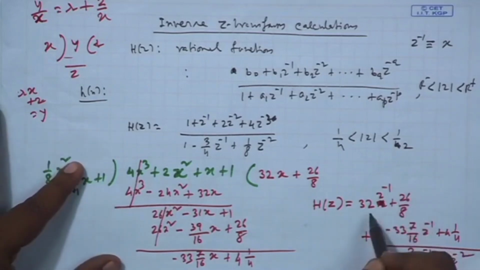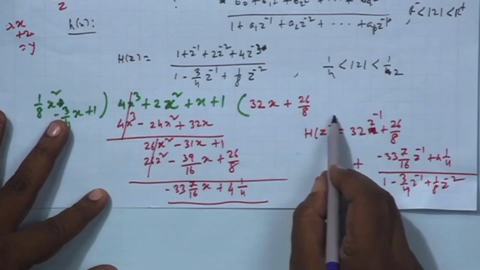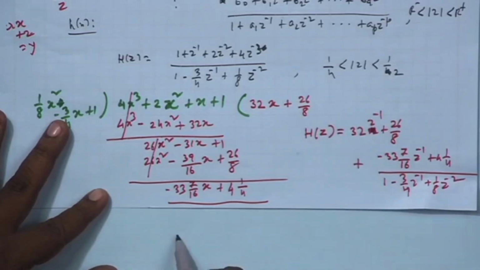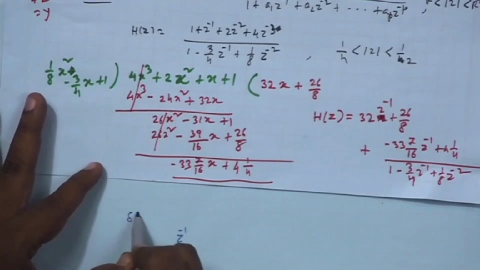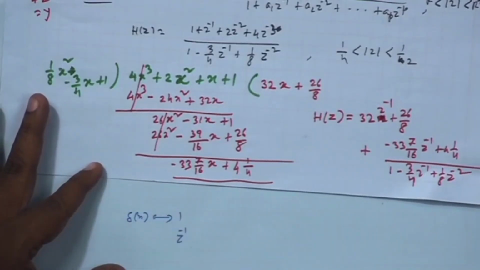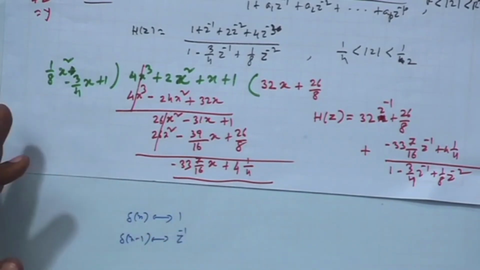Now, this part, if you take the inverse Z transform, Z inverse 2, then Z inverse every. Z inverse means, we have seen delta n has Z transform 1. So, delta n minus 1 will have Z transform Z inverse times 1.